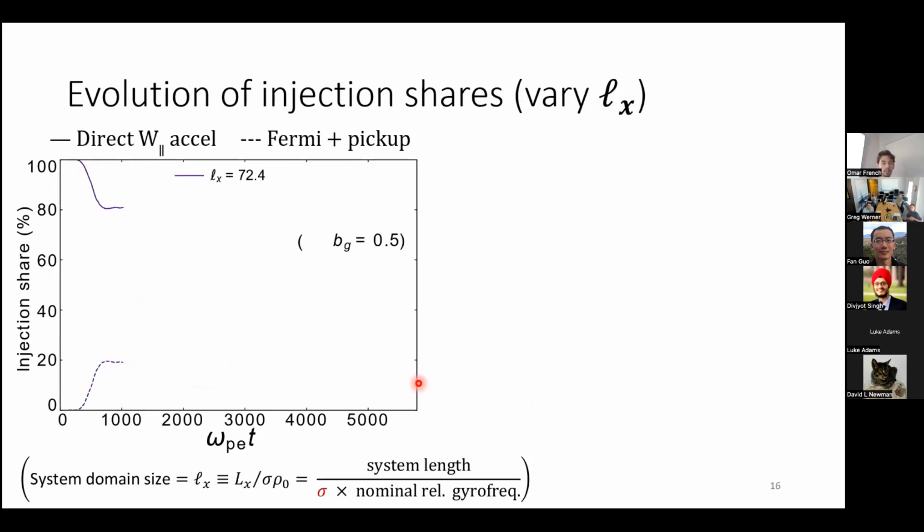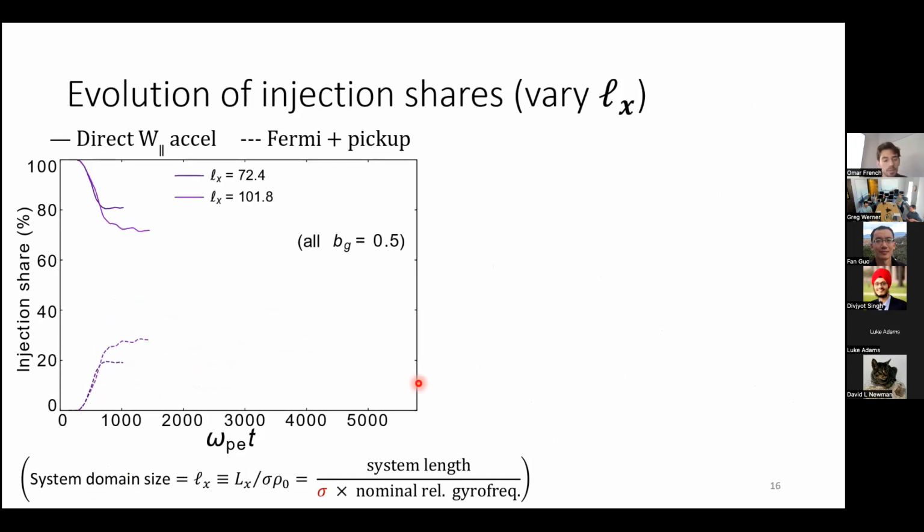Now let us consider varying the domain size, to see what influence this might have. If we start off with a very small domain, we see that W parallel is completely dominant. In this case, for a guide field of a half, it is 80%.